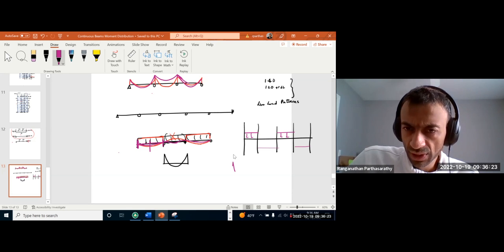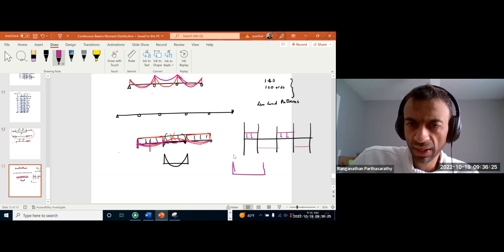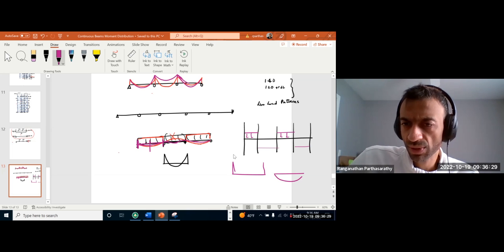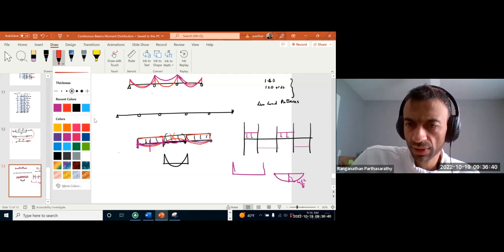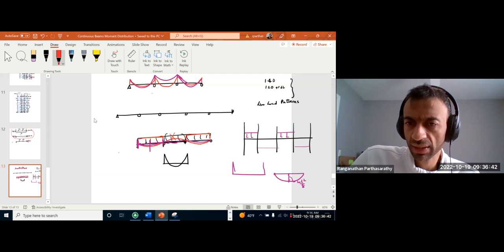If you know the negative moment at the two supports, and for the simply supported case you know this is WL square by 8, you are simply lifting this end up by this value, and lifting this end up by this value.